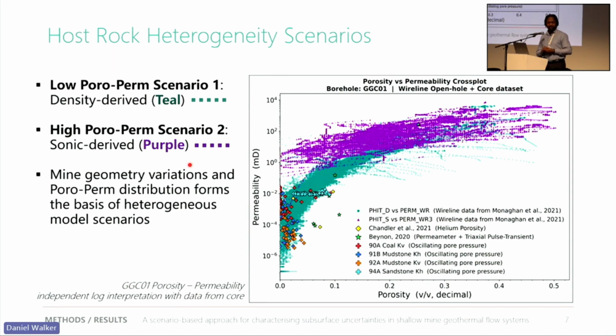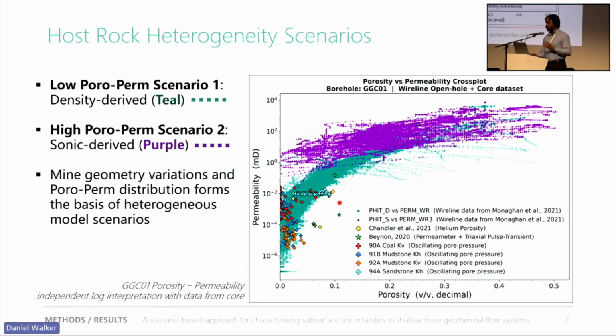So the way I've defined the host rock heterogeneity scenarios, I've defined them based on the differences in the interpretation between the density and the sonic derived logs, which I was able to get from the exploration borehole within that area.